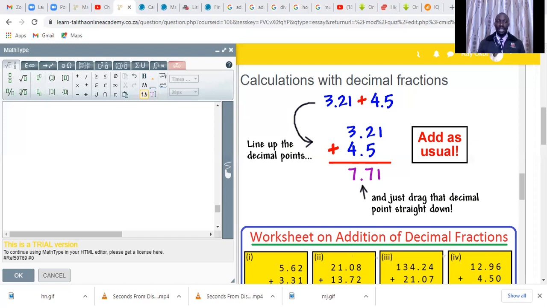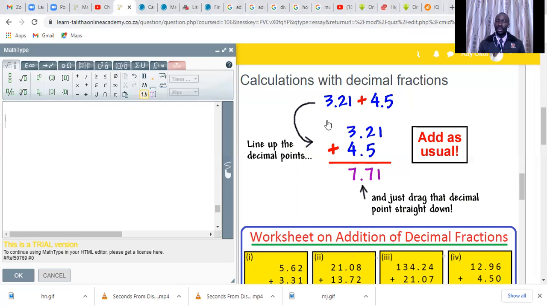The first thing is to write down the numbers one under the other with the decimal point lined up. So if we are given fractions like 3.21 to be added to 4.5, we have to rearrange this and write it in such a way that this decimal point is exactly below the first decimal point up.